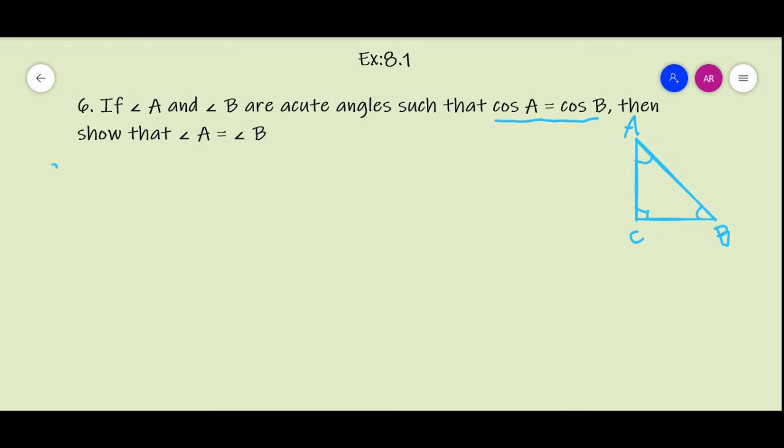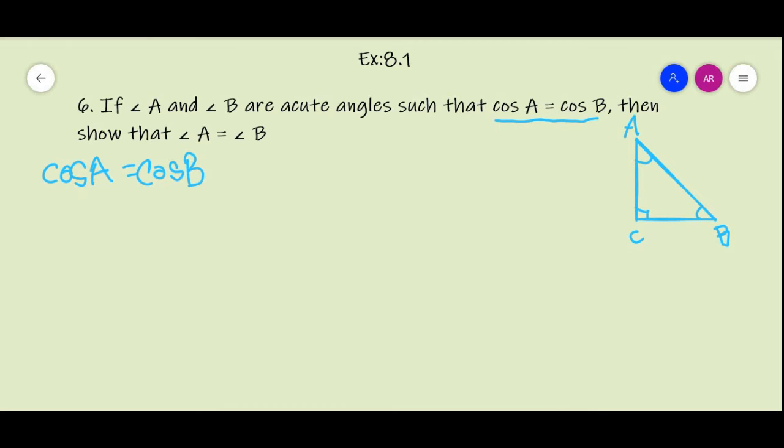So first of all, let's write that cos A is equal to cos B. They have also said that angle A and angle B are acute angles. They have not given any other information other than these two, so we have to find out everything from these two things. So I have given you the code CAH, which means cos theta is equal to the adjacent side by the hypotenuse. First of all, let's take the cos of angle A.